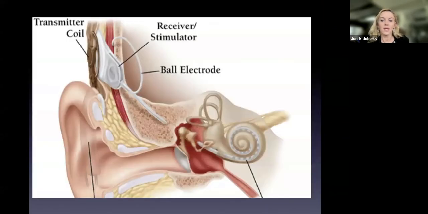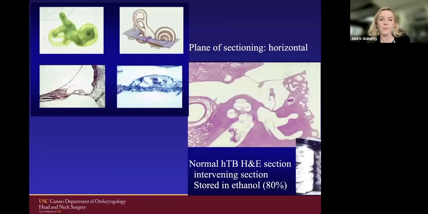So basically, we're interested in this portion where the electrode array enters the cochlea and what kind of intracochlear changes go on after implanting the electrode array. The temporal bones are processed after death from donors, and specifically these are donors who have had a cochlear implant. The way they're processed takes about a year.